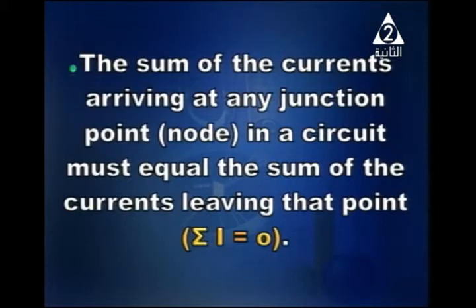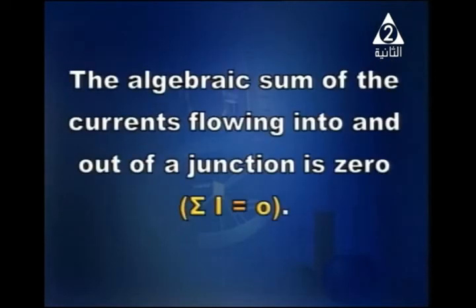In other words, the algebraic sum of the currents flowing into and out of a junction is 0. As I said, summation of current equals 0.